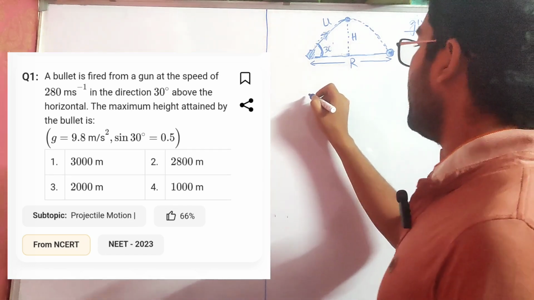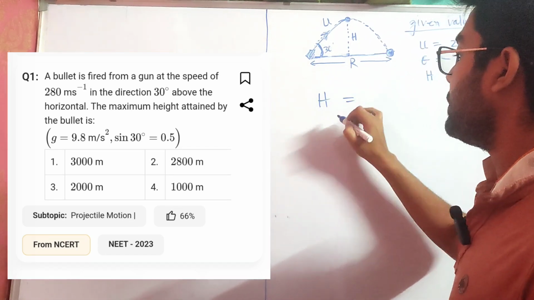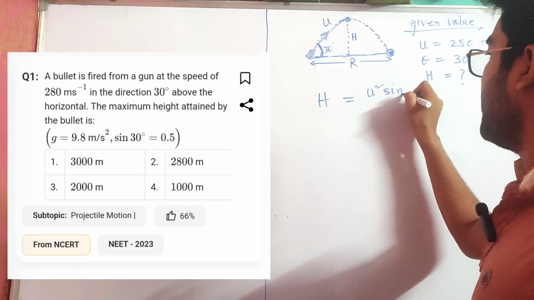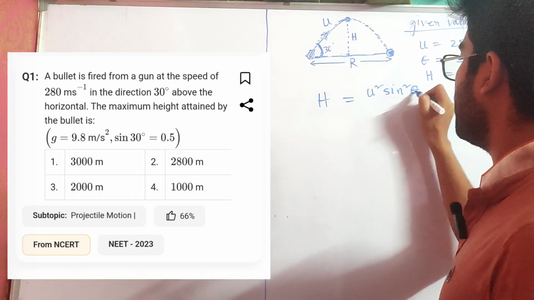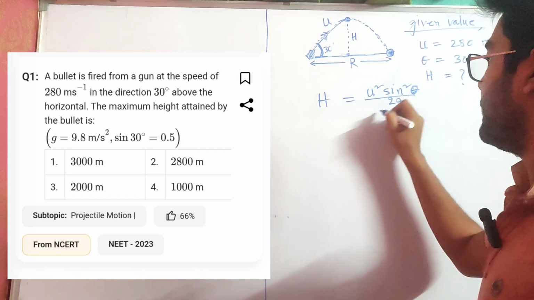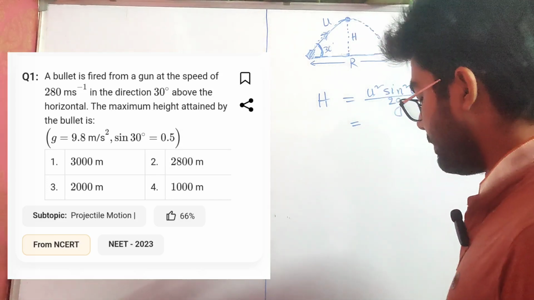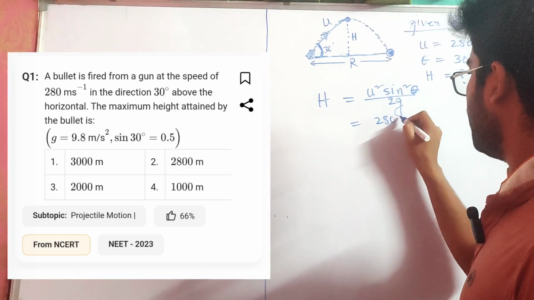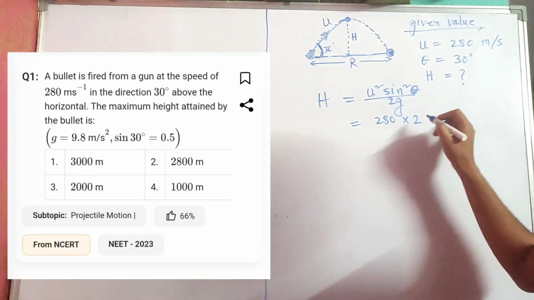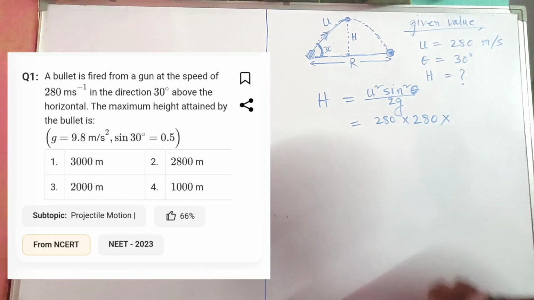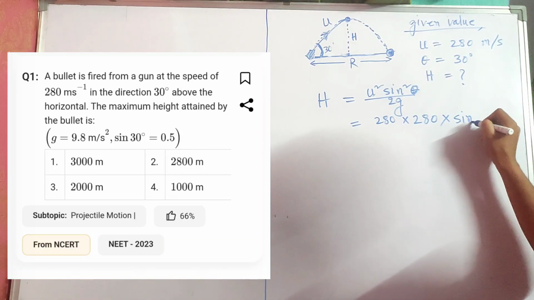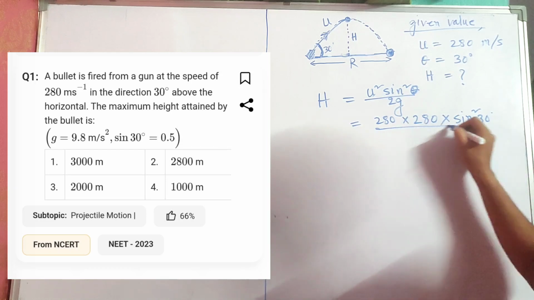We know the height of a projectile motion is u square sin square theta by 2g. Putting in this value, u square means 280 into 280, sin square 30 degree by 2g.